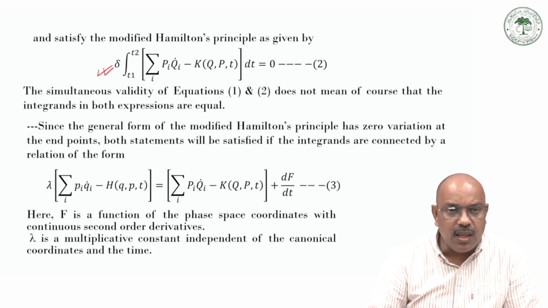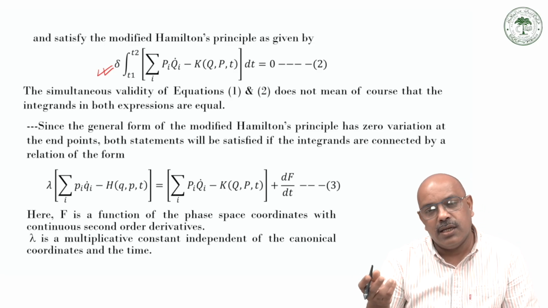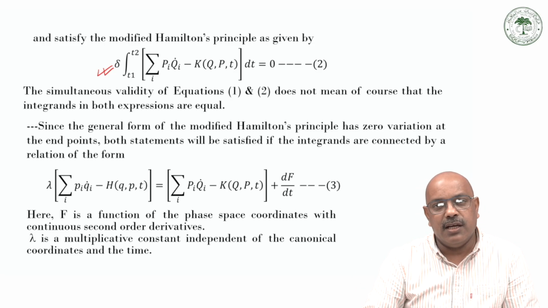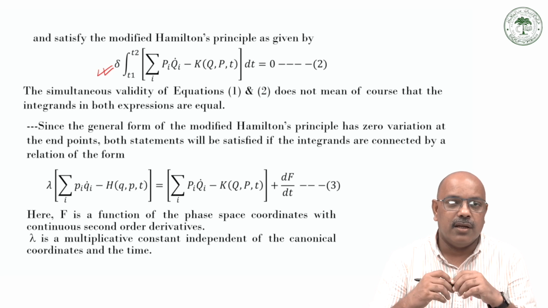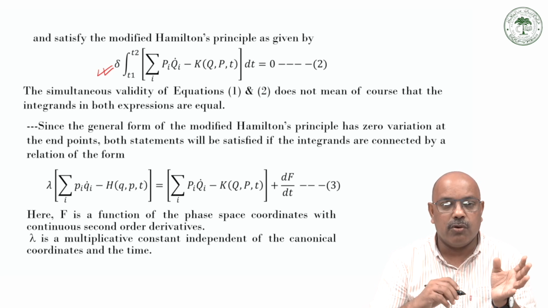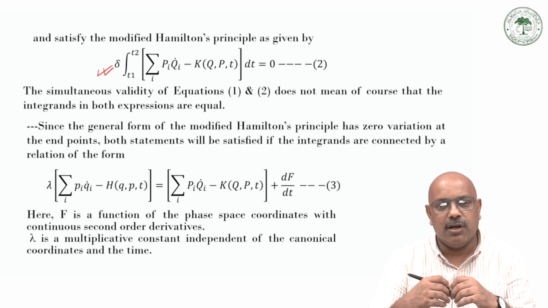Okay, so both these conditions, that the new coordinates satisfy Hamilton's canonical equations and the modified Hamilton's principle, define the canonical transformation. Such a transformation from the old coordinates is known as a canonical transformation.